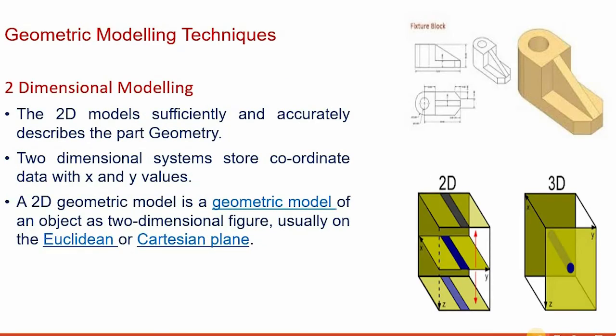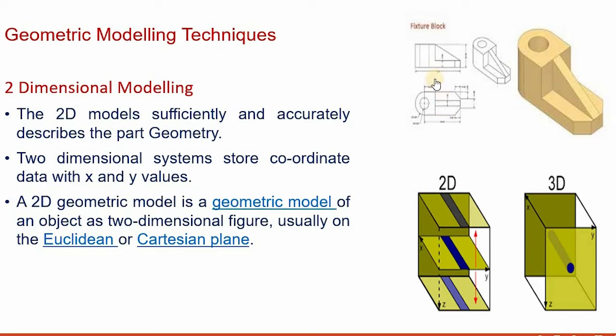In geometric modeling, the techniques are mainly classified into two-dimensional modeling and three-dimensional modeling. In two-dimensional modeling, the 2D model sufficiently and accurately describes the part geometry.